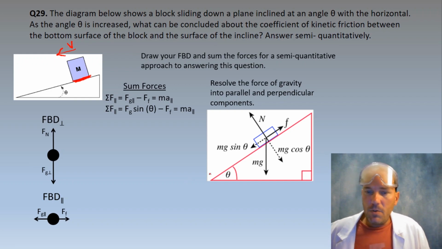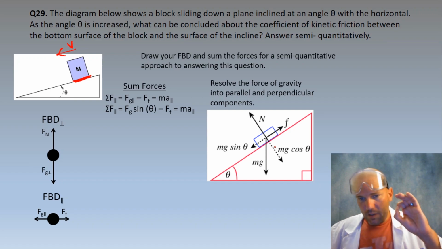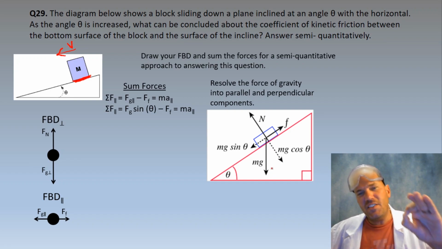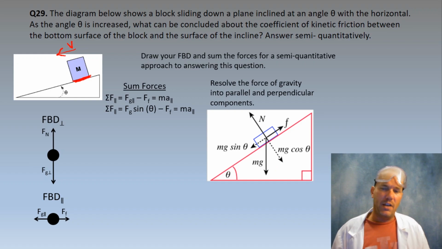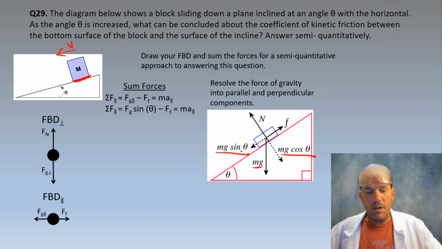So if you do not have this copied down, you need to write this down now so you understand. For the purpose of illustrating this only, this diagram has the unresolved and resolved components. Again, you would never include both of those on one free body diagram.